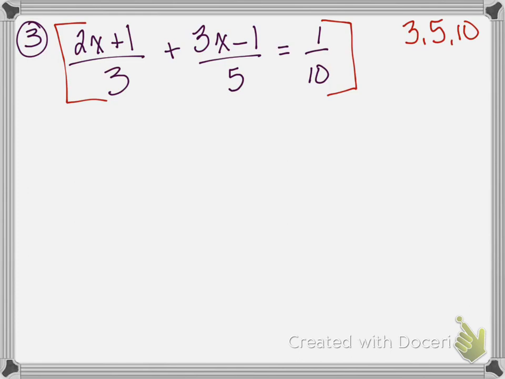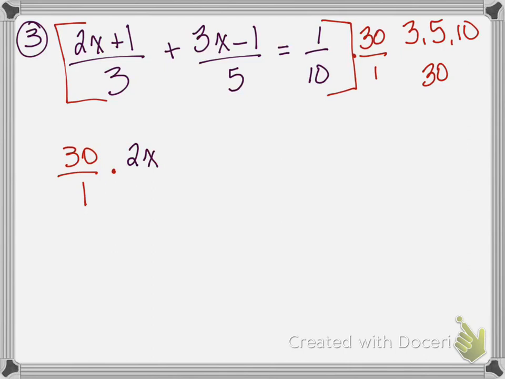Now, at first, I might think that 10 is my LCD, but I can't use 10 because 3 does not go into it. So my LCD is actually 30. Okay? So I am multiplying by 30 over 1. So I have 30 over 1, and I multiply everything times that 30 over 1.